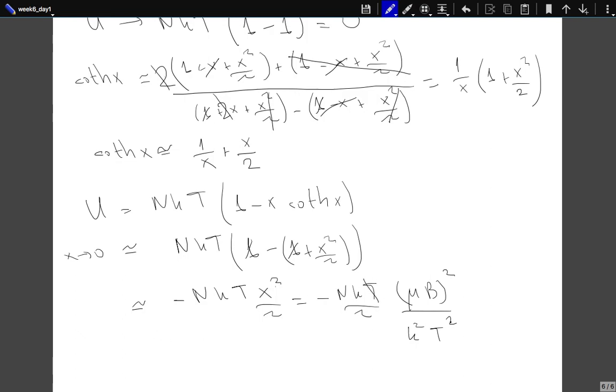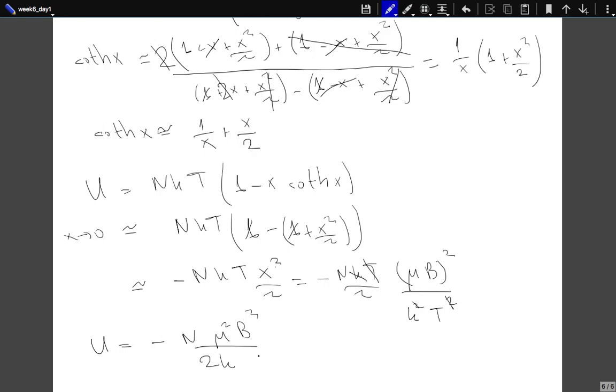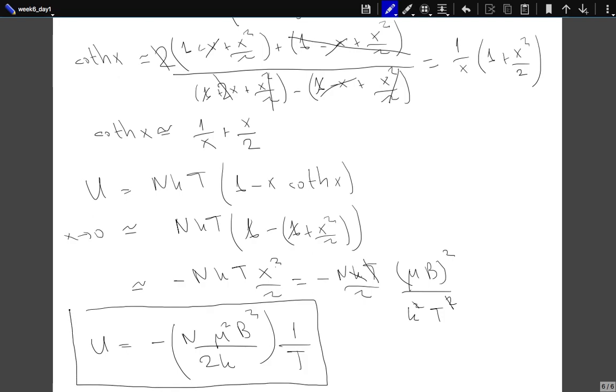So t will cancel, and one of the k's will cancel. U is minus n mu squared b squared divided by 2 k t. So this is how the energy goes to 0.